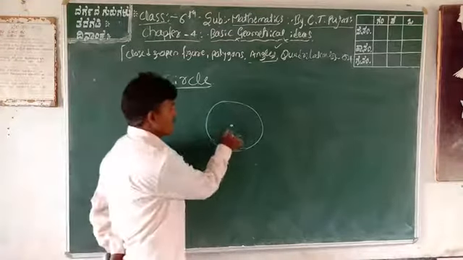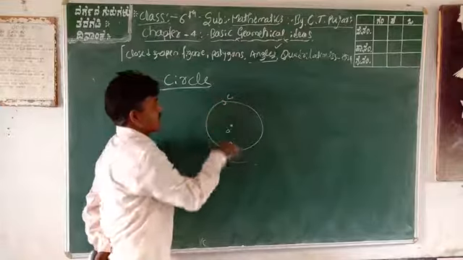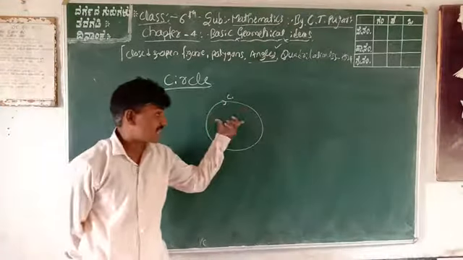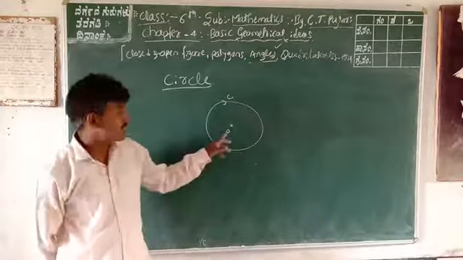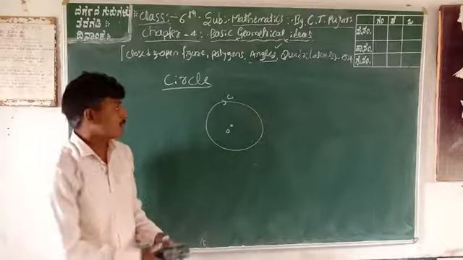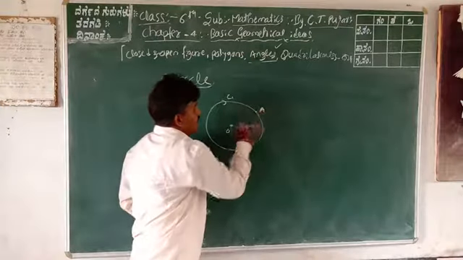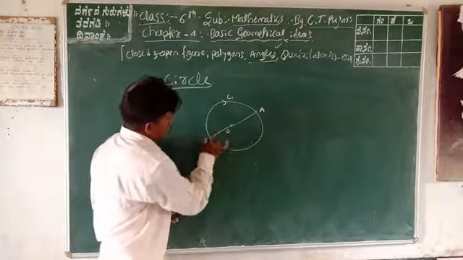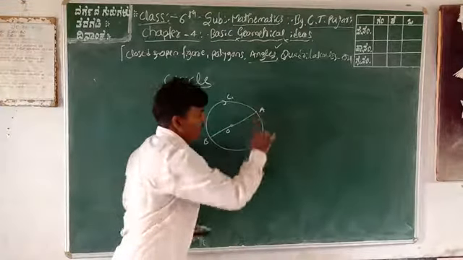This is O, the center point. C1 is the circumference. Consider point A: OA is a distance. Also AB, OB and OC are here.